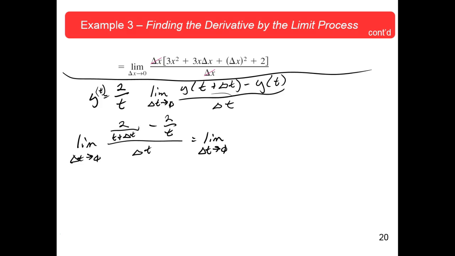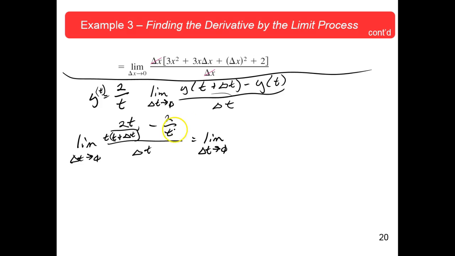How do you subtract fractions? Common denominator. What would be the common denominator? The product of the two. So to get this to be the common denominator, we'd have to multiply by t, right? Because if you multiply the denominator by t, you got to multiply the numerator by t as well to be nice and democratic about it.